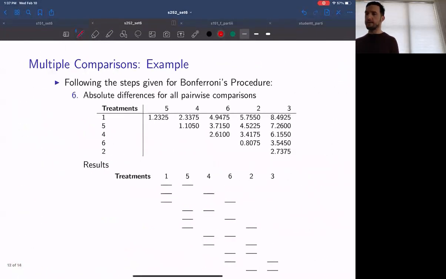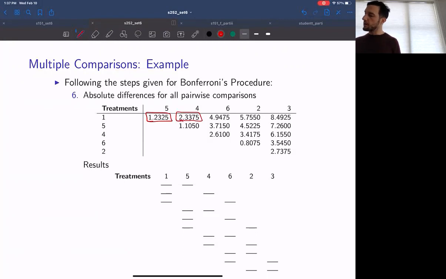Okay, so in table 6 here, I have the absolute differences between the treatment means in the experiment. The first value here is the difference between mean 1 and mean 5. The second value here is the difference between mean 1 and mean 4.